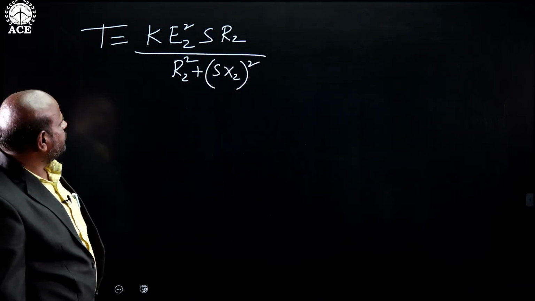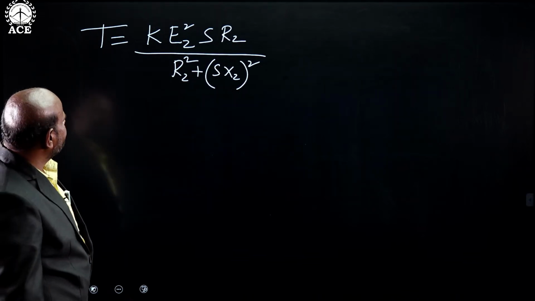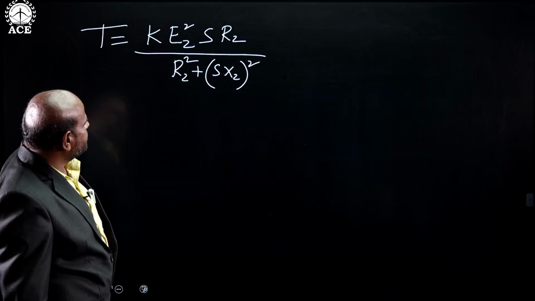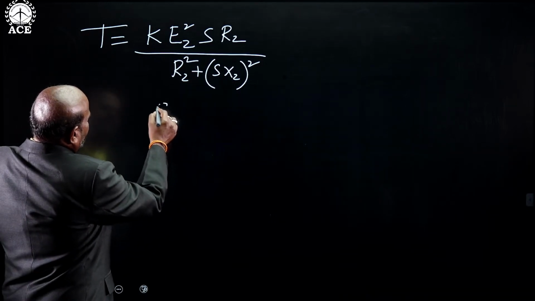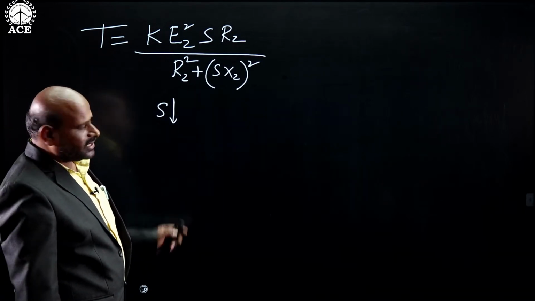So the torque slip characteristics is asked. To draw it, let us assume when the slip is small, naturally slip is less than 1.